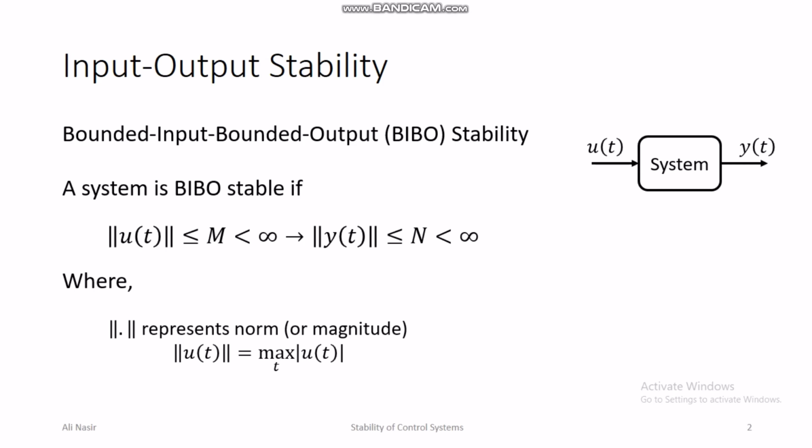So it will be like the absolute value of the peak of u of t with respect to t. That peak could be negative or positive. When you take absolute value, everything becomes positive, so the norm is always positive. Okay, so this is BIBO stability.